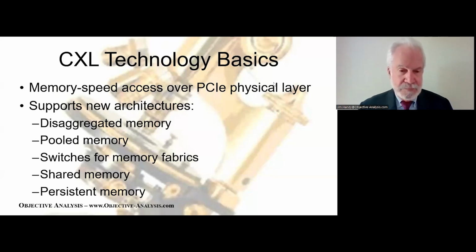Shared memory is different from pooled memory. What shared memory is, is that you've got two processors talking to the same memory locations. Now you have this great opportunity to have big crashes between these two processors as they're trying to get to the memory area. But also, you have the opportunity where processor A modifies a memory location in the shared memory, and processor B has a cache copy of the old contents of that memory.